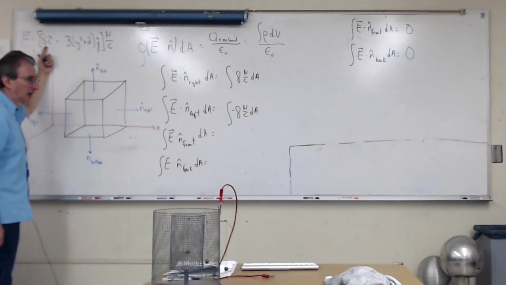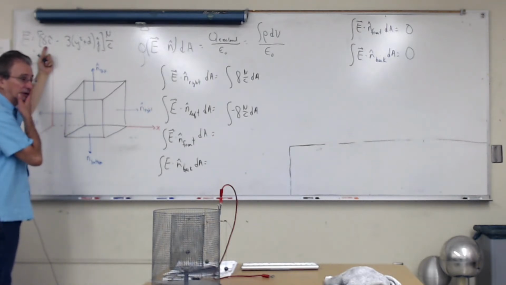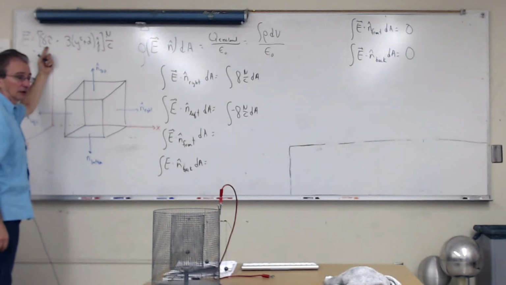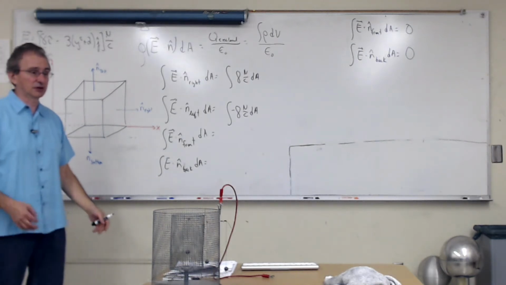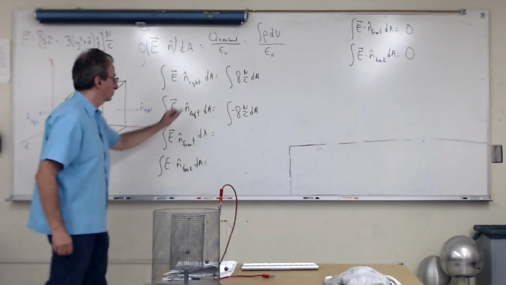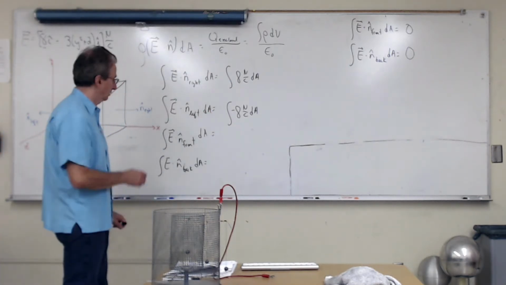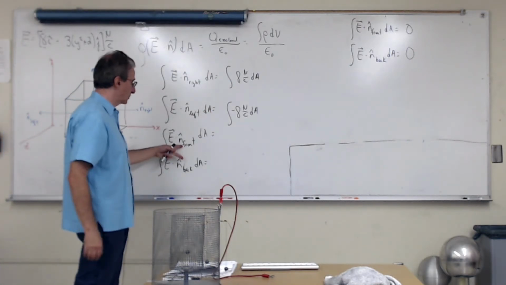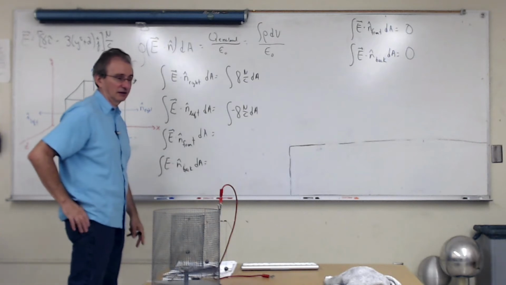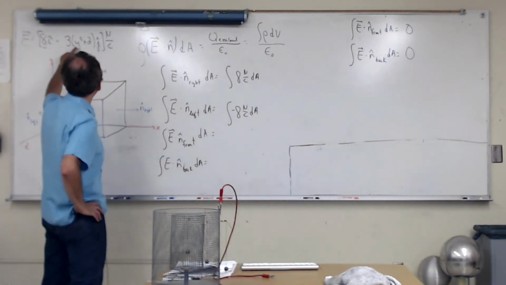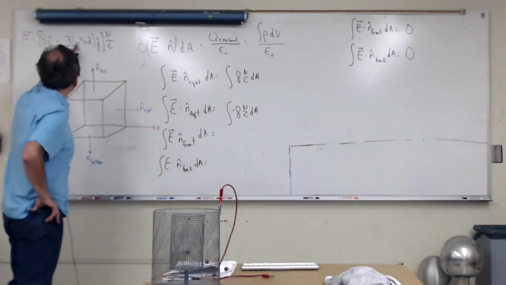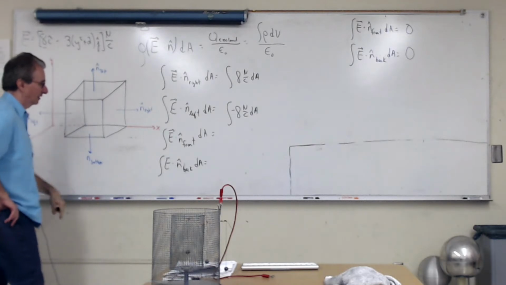If you have a uniform field, the integral of the uniform field over a closed surface is going to be 0. And so these two are going to cancel out. Now, these are the ones that are important to evaluate. In fact, it's only this term that's important, because this is the non-uniform component.